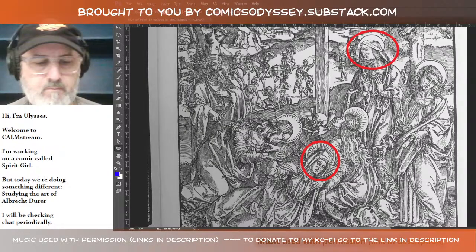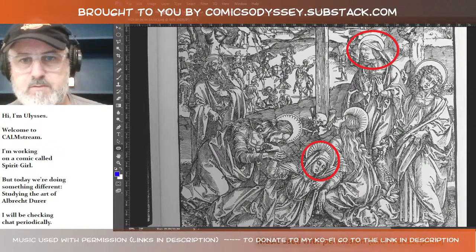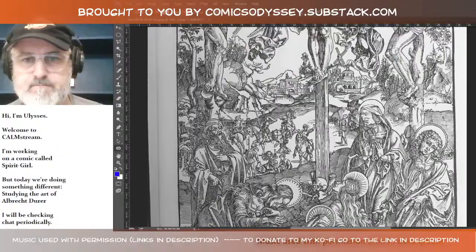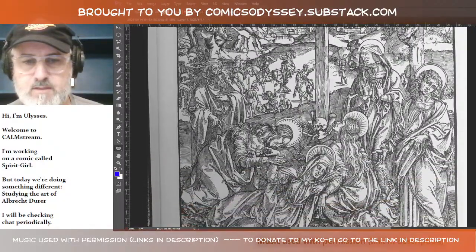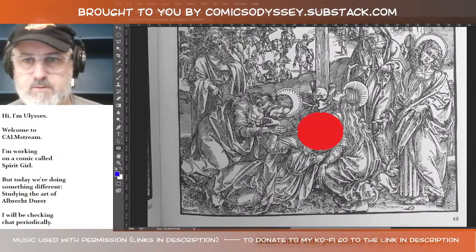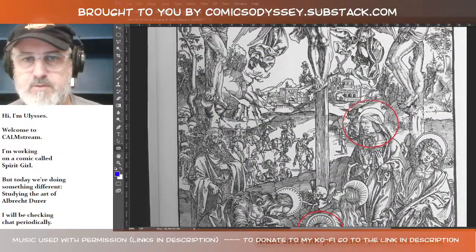So it's one of these two characters that is the Holy Mother. You could argue that this one's the Holy Mother here because her veil is more ornate, or this one's the Holy Mother because she's higher up in the composition.